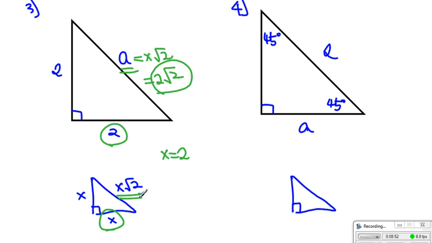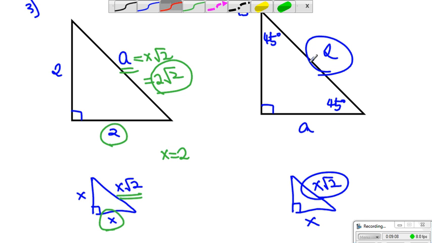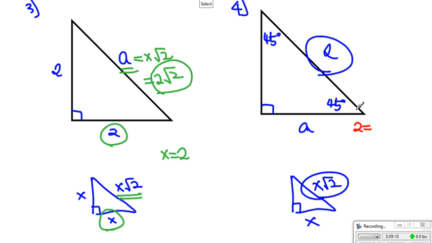But unlike before, the hypotenuse is equal to x square root of 2. That's given. And we want to find out the value of x. Then the equation which we can set up here is 2 equals x square root of 2. That would be the first equation which we can set up.